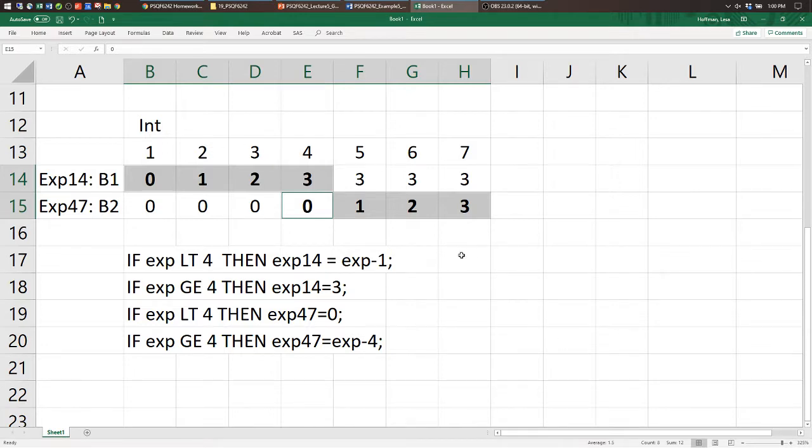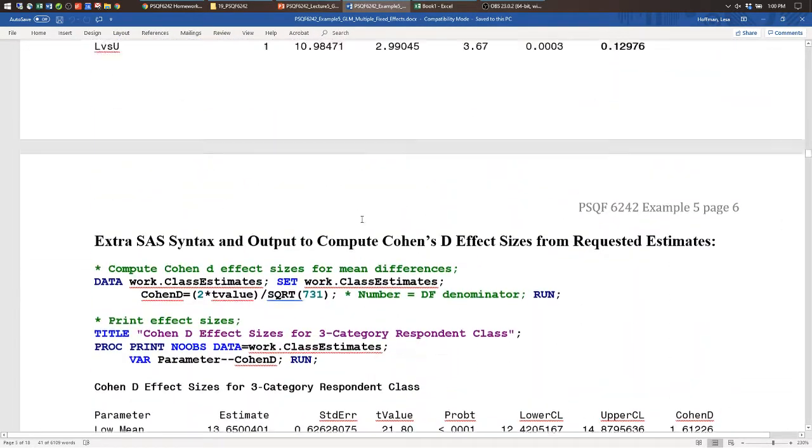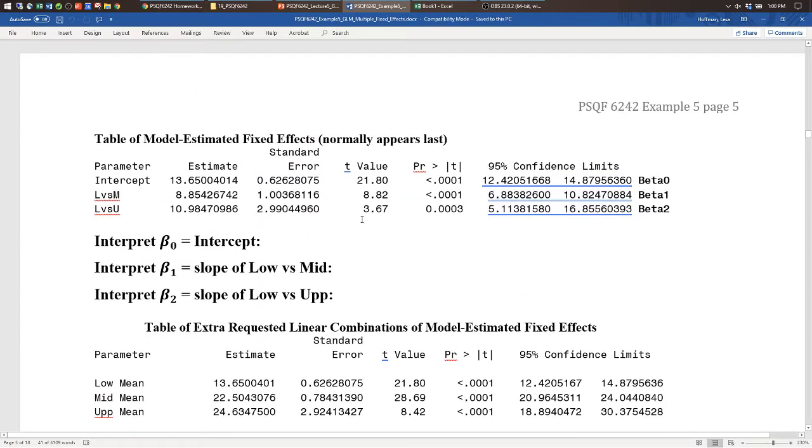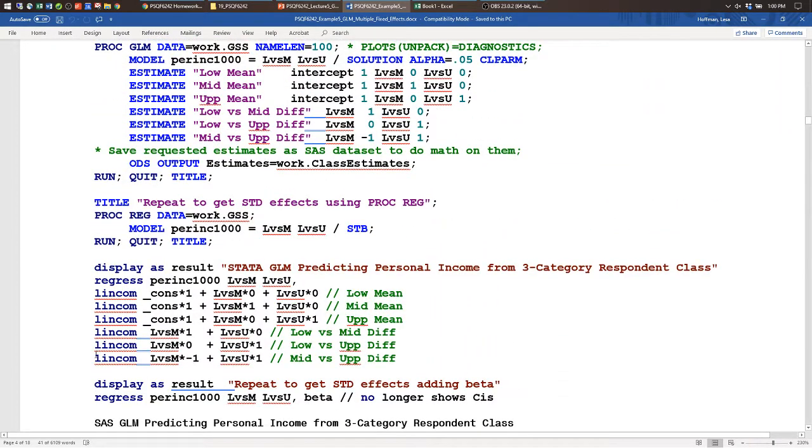And you've already seen an example of this when we did, go back to part 1 here. Right here. How to get the non-reference difference. That's beta 2 minus beta 1.